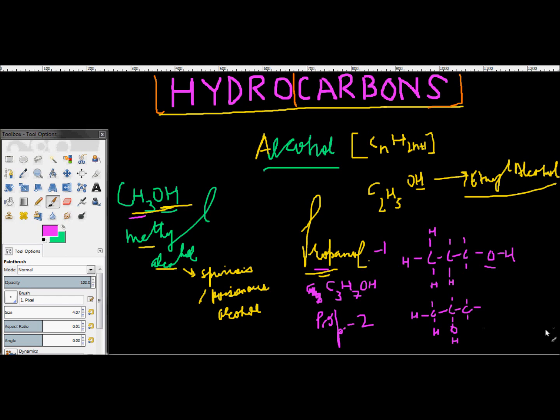So guys, there's a big difference between the OH over here and the OH over here. This is propanol 2, and this is always numbered from the left or the right, as I'm pretty sure all of you already know.